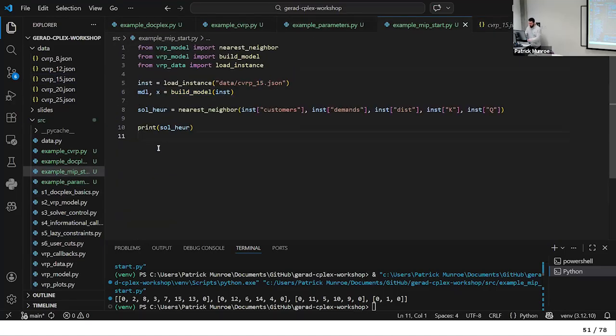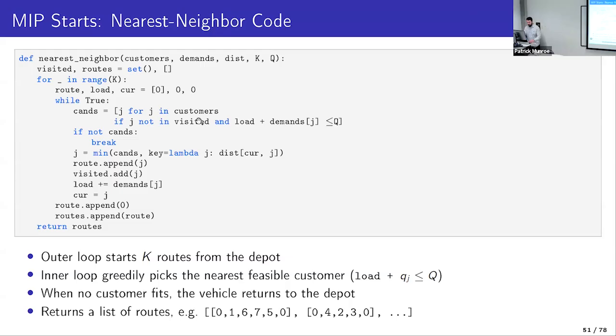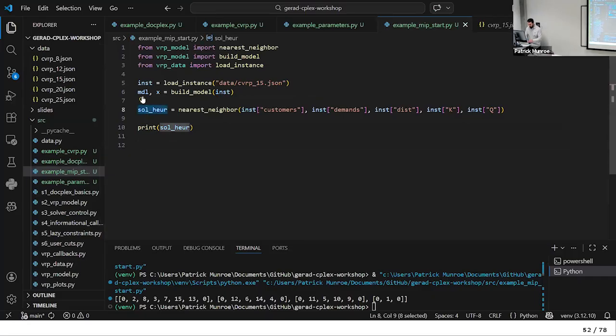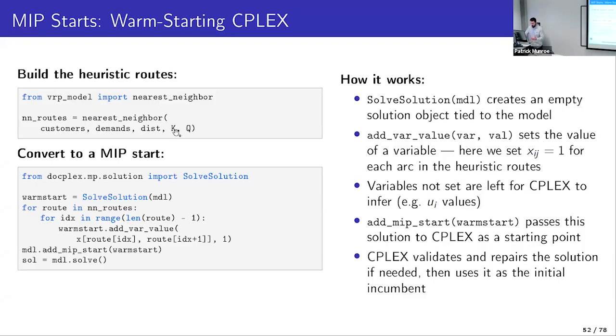Okay, so what I want to show you is how to use the solution as a MIP start. Here I call it routes, which makes sense because it's the list of routes that we usually get when we extract the routes from the active arcs of the CPLEX solution.